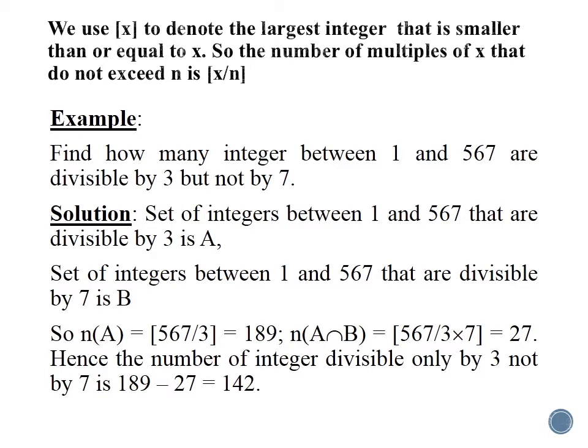You take only the integer part. Then the cardinality of A intersection B equals 567 divided by 3 times 7, which is 27.